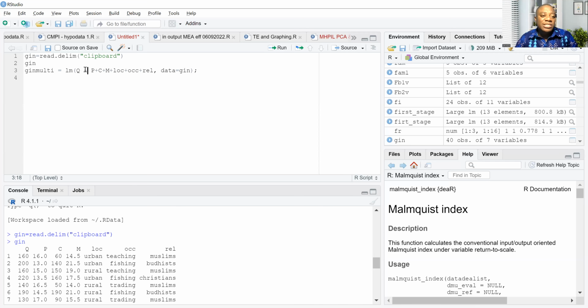Then you bring this sign, which is a tilde sign. If you don't take care, you might not see where this sign is. Depending on the kind of machine you have, this sign is found after pressing the shift key. If you have a very good laptop with proper symbols, the tilde will show at the top. For some of you, you have to press the shift key in order to get it.